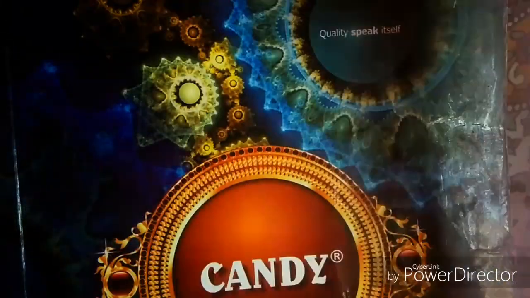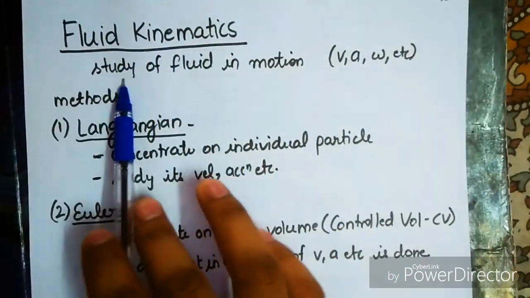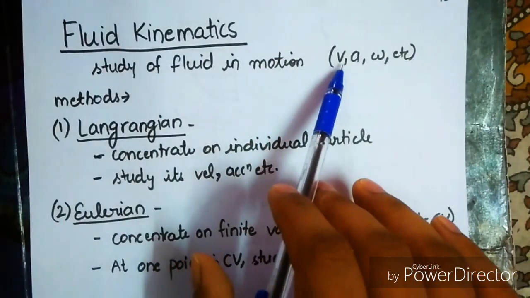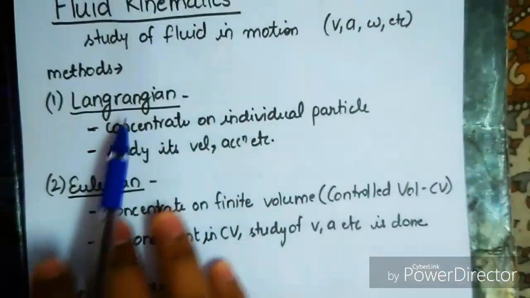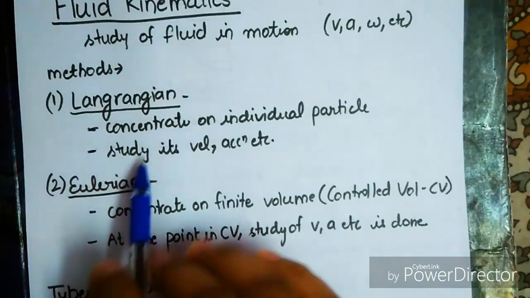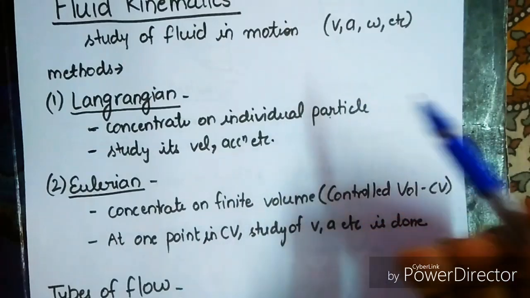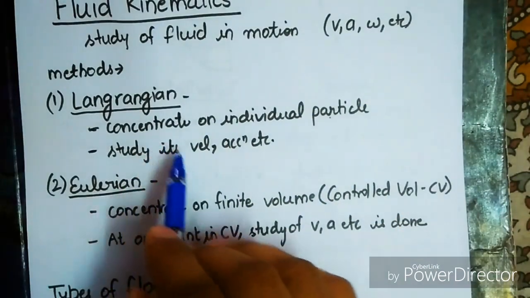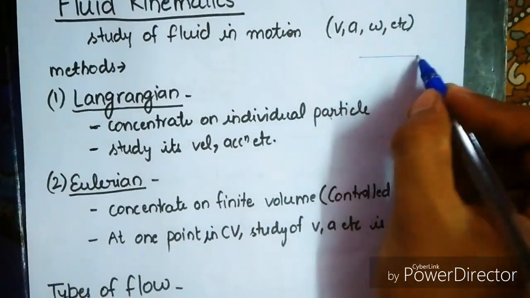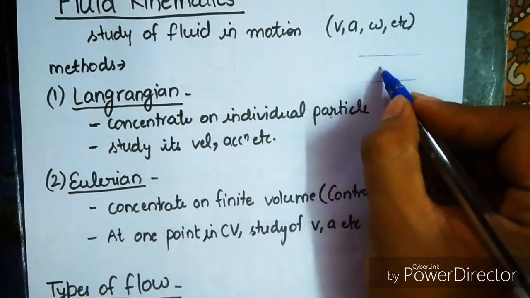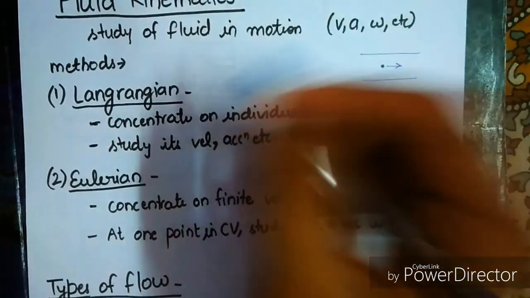Now we come to fluid kinematics. Kinematics is the study of fluid in motion, like velocity, acceleration, angular velocity, etc. Methods: the Lagrangian approach concentrates on an individual particle in motion, and we study its velocity, acceleration, etc. It means if we have a liquid flowing in this and we concentrate on a single particle only, then this is the Lagrangian approach.